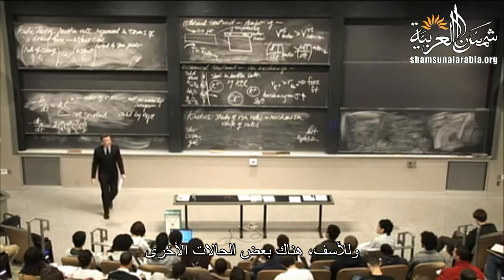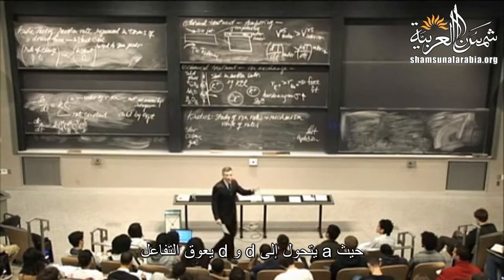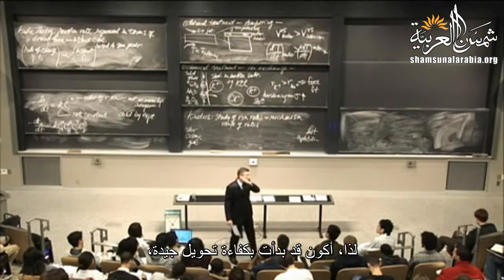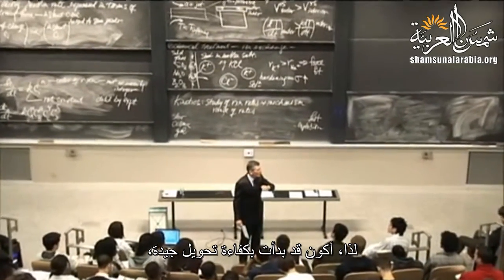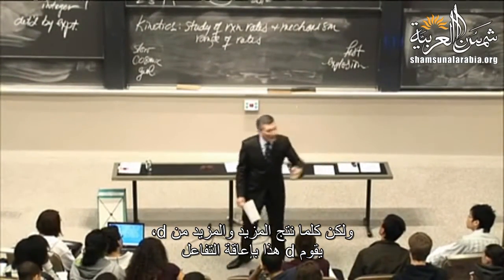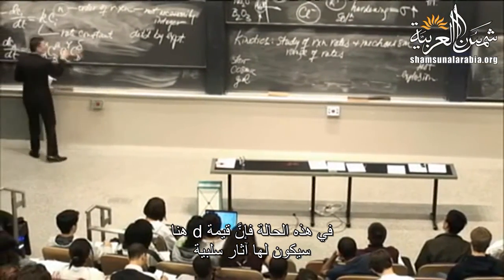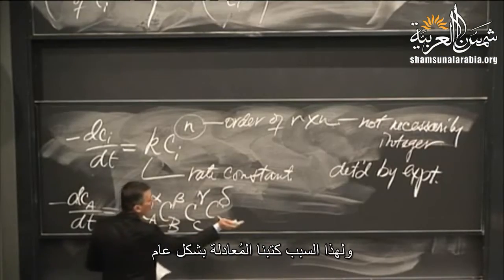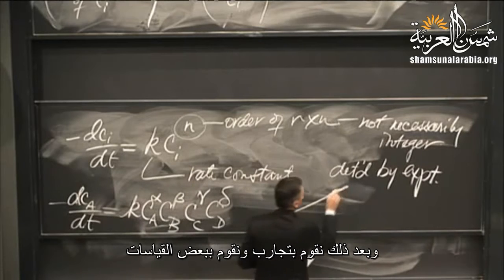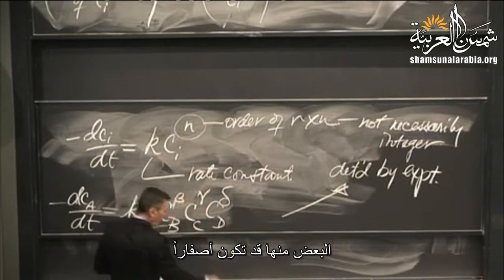Unfortunately, there are other situations where A converts to D and D retards the reaction. I start off with pretty decent conversion efficiency, but as I make more and more D, the D chokes the reaction, in which case the value here is going to have negative implications. That's why you write it most generally, and then you make some measurements in an experiment and figure out what these are. Some of them might be zeros, and away you go.